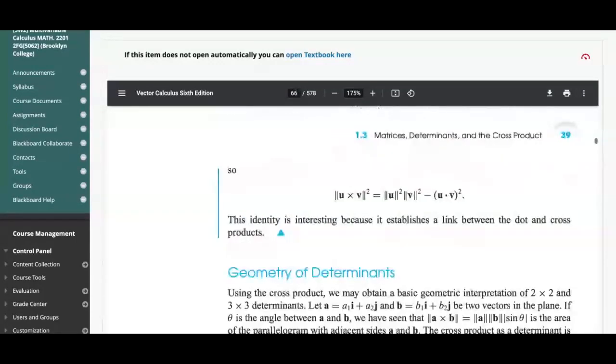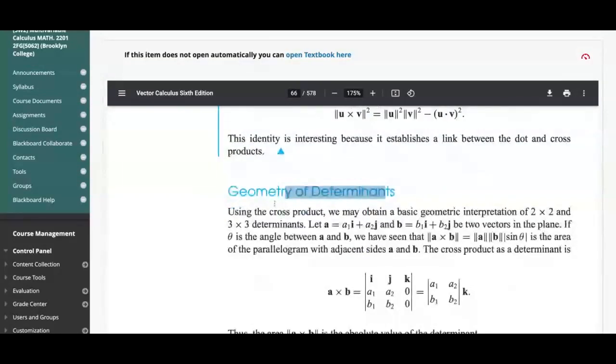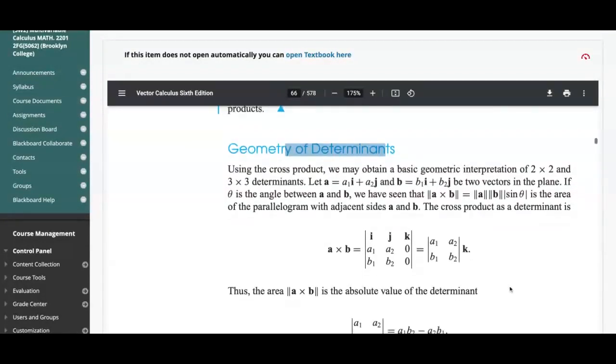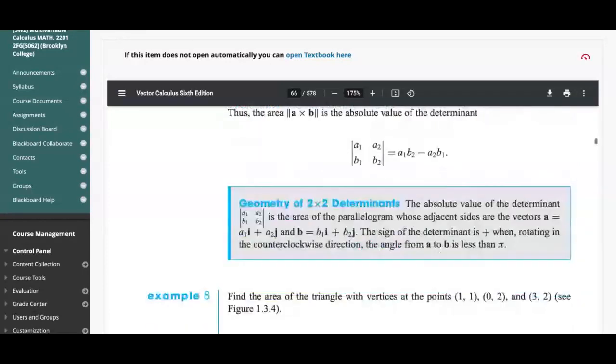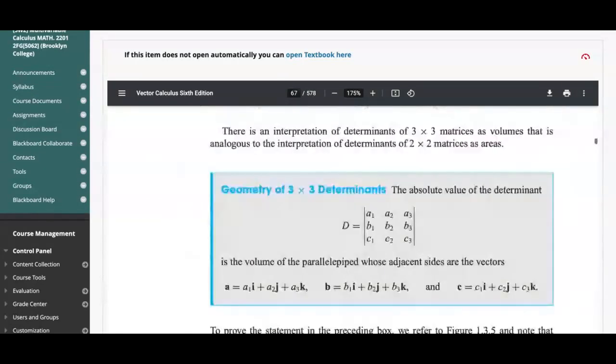Okay, I mentioned a little bit of the geometry of the determinant. The absolute value of the determinant is just its volume, volume in that dimension. And let's follow some examples.